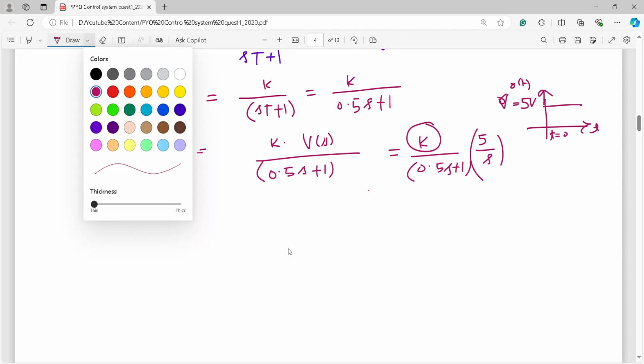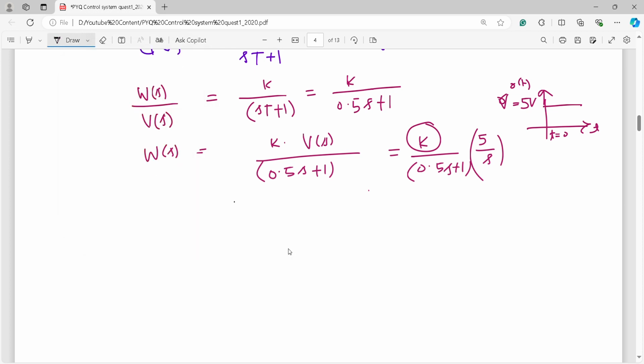Okay, so you know our final value theorem, here in terms of speed. The final value of omega, when time dies out, meaning t tends to infinity, that means the system settles.